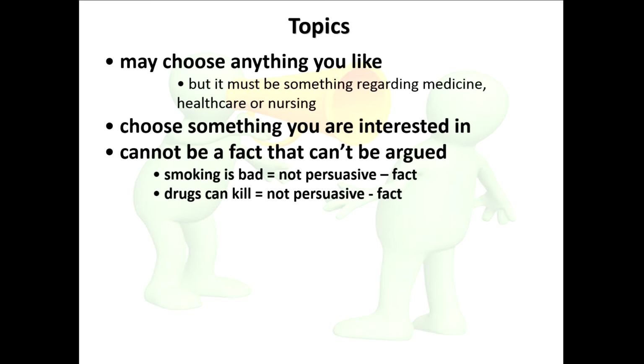So, some examples of this, and you guys can take things that you've already written about and things that you're already interested in. One of you has talked about art therapy in an informative essay. For a persuasive essay, you could say art therapy is the best type of therapy for patients with mental retardation. And I'm sorry, I don't know anything about art therapy, so that could be wrong.